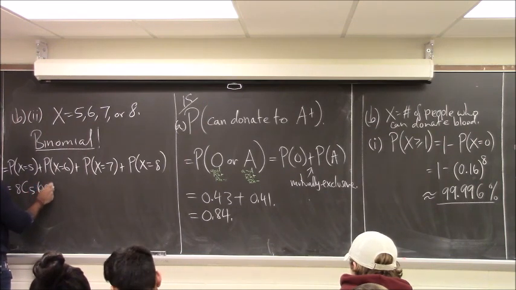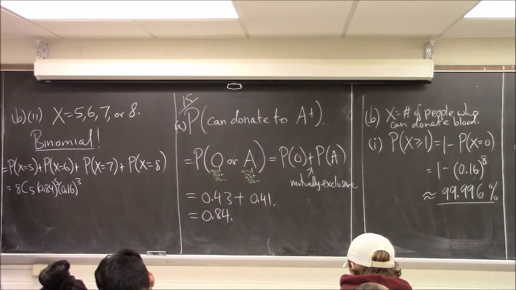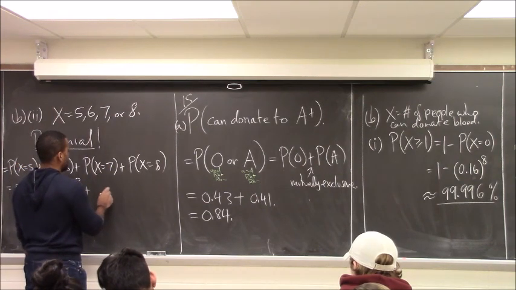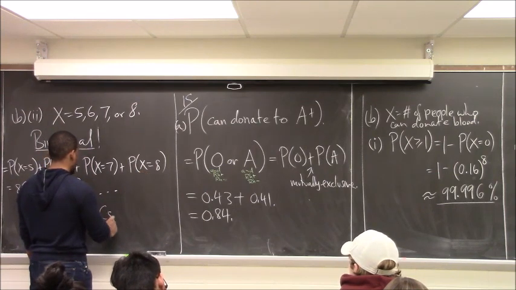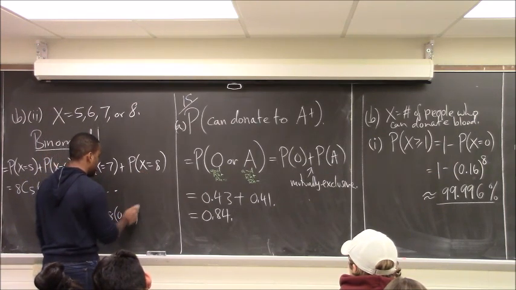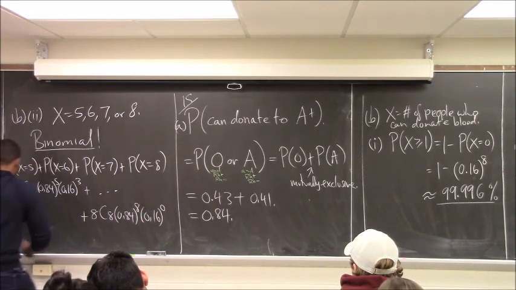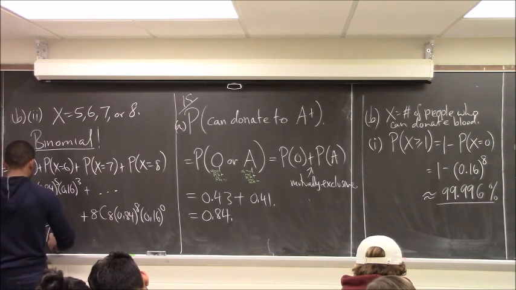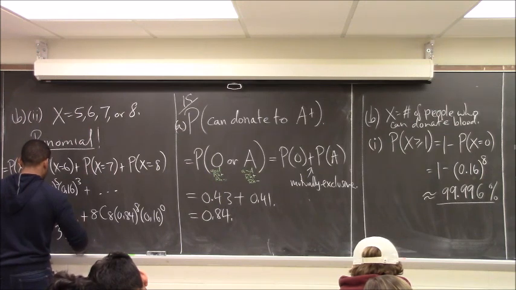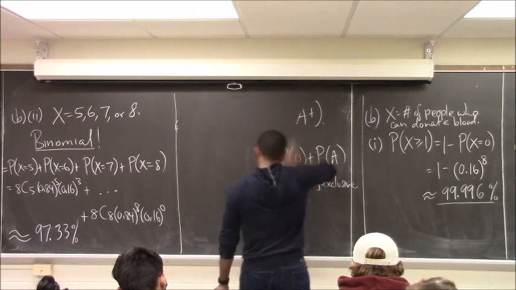The probability of them being able to donate is 0.84, and the probability of them not being able to donate is 0.16, plus, of course, 8 choose 6 and 8 choose 7, and finally you get up to 8 choose 8, probability of 0.84 raised to the 8 times 0.16 raised to the 0, and that is 97.33%. So there's a good chance that we'll be able to save this guy who needs 5 units of blood.